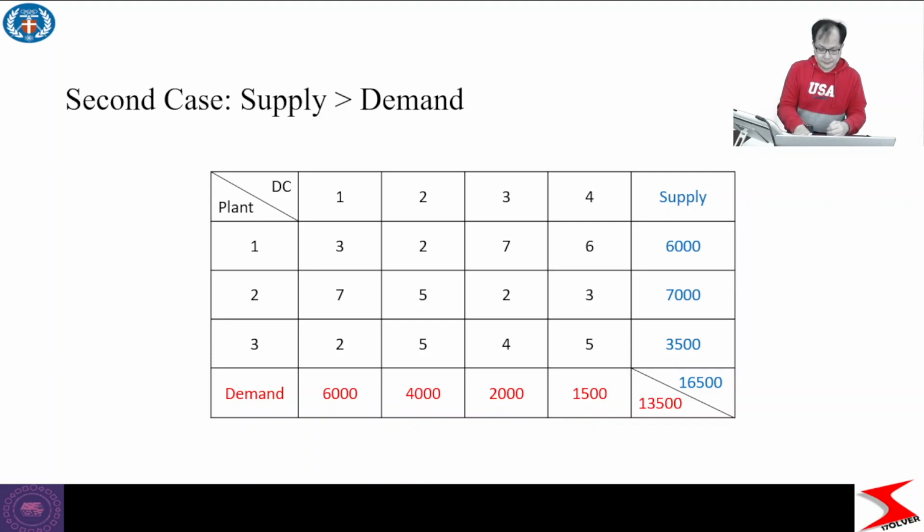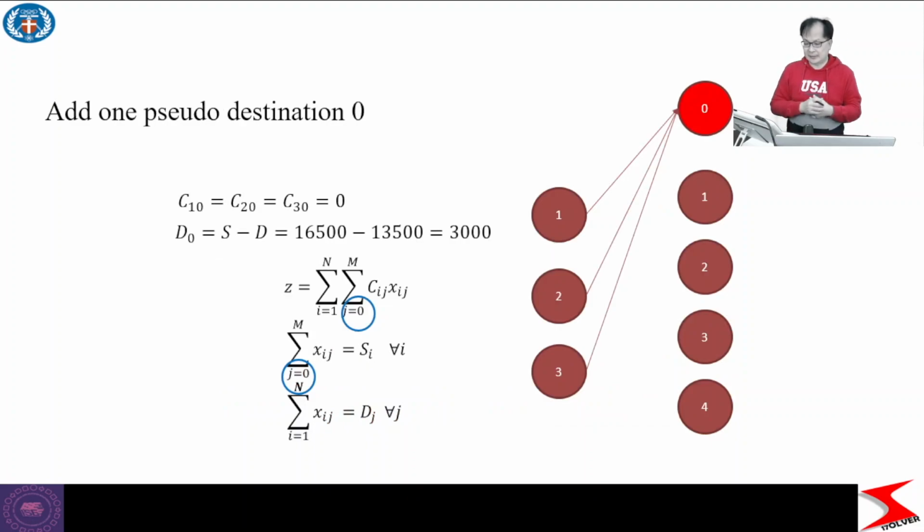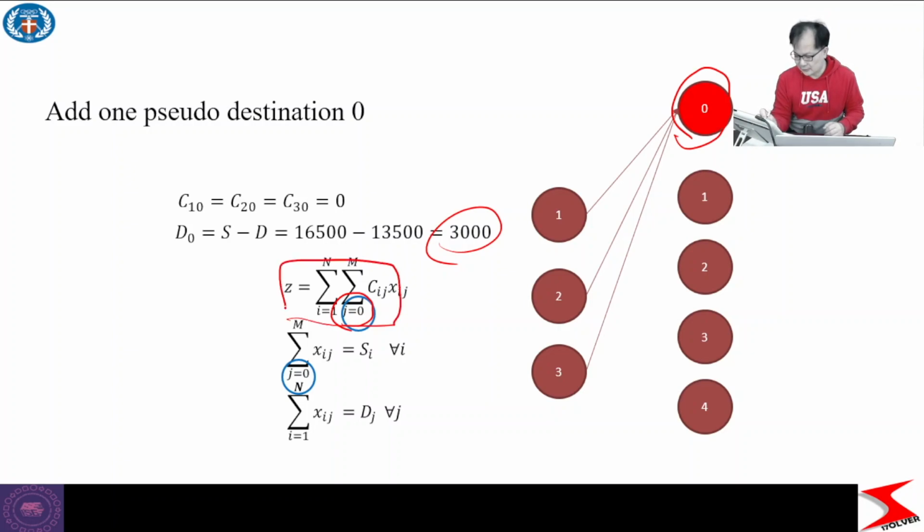We add one pseudo destination 0, and its demand is the difference between the capacity and the demand, which in this case is 3000. Then we change the index from j equals 1 to j equals 0 in the objective function and the constraint. Then we can automatically solve the problem.